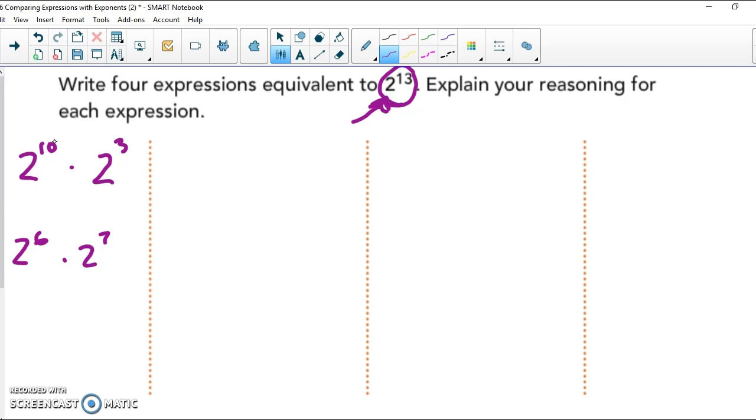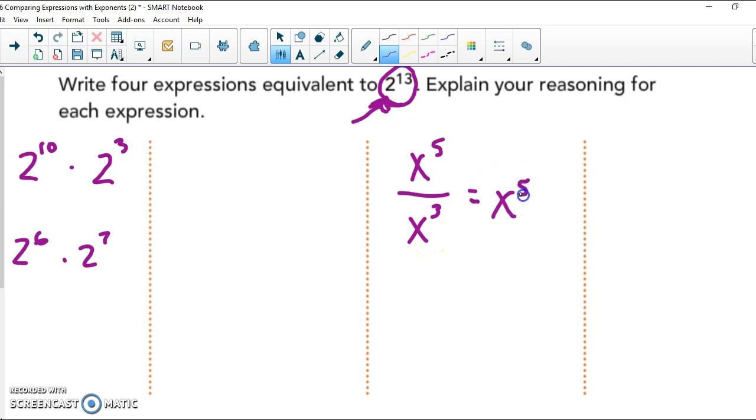Okay, you may also remember when we talked about dividing exponents, we have, let's say we have the same base again. Let's use x as an example. If I have x to the 5th divided by x to the 3rd, same base, I will keep the base, and I will subtract my powers.